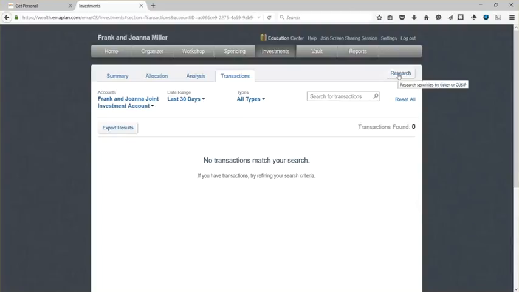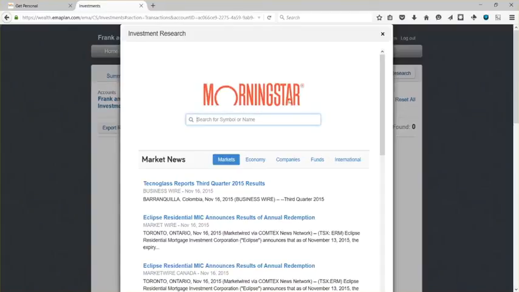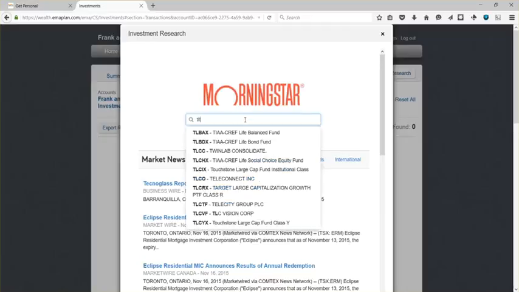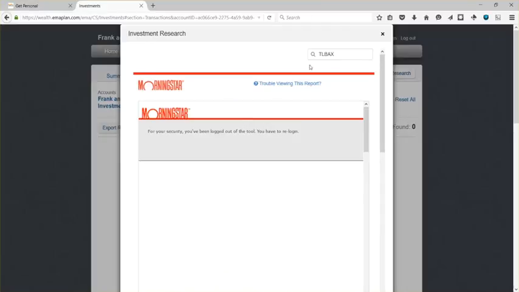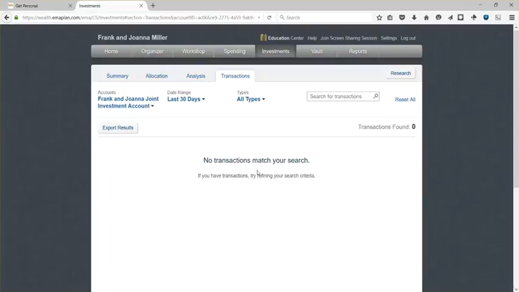And then if you wanted to do individual research, you can click here and you will access the Morningstar database. And for example, if you wanted to look at research on TLT, again, it's telling me that I'm not logged in, but I think again that is just because I've been logged in for a while now and because we're running a recorder.